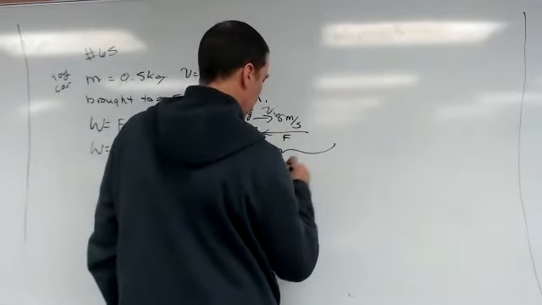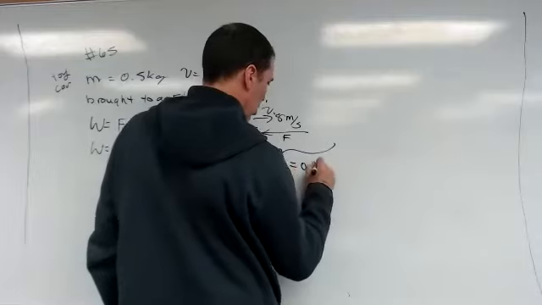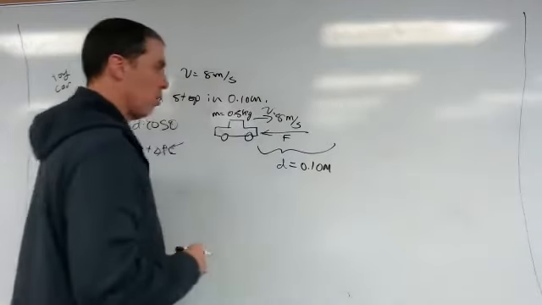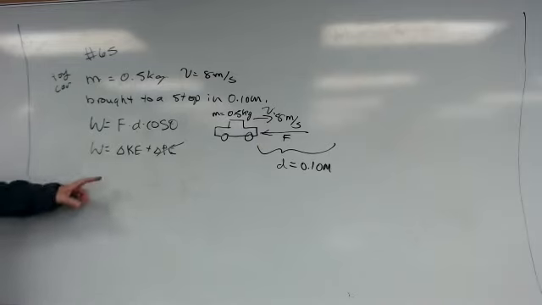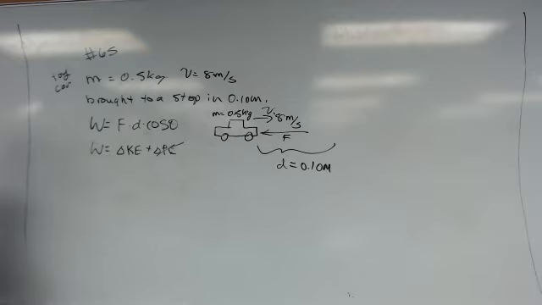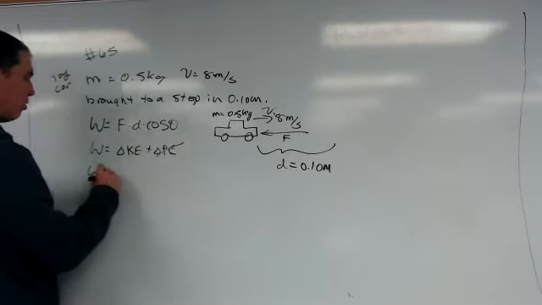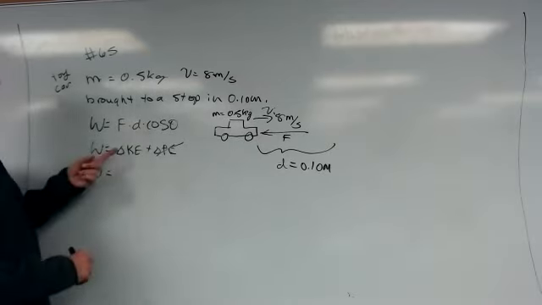And it's brought to a stop in d equals 0.10 meters. And so how do I figure out what the force is? Well, can we figure out what the change in kinetic energy is? The work done on the cart has to equal the change in kinetic energy.